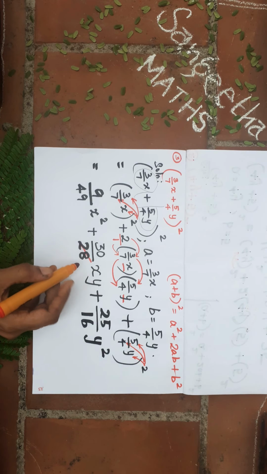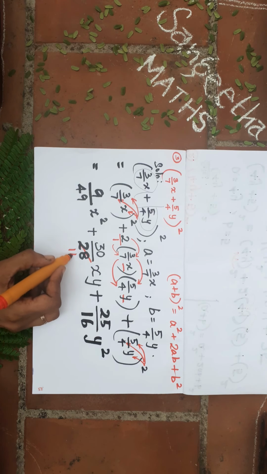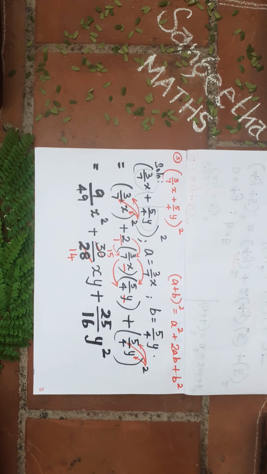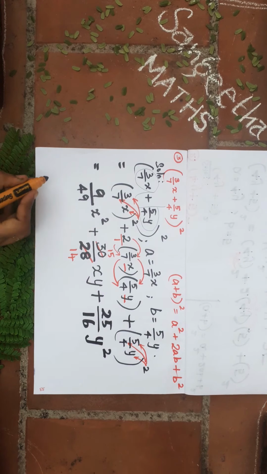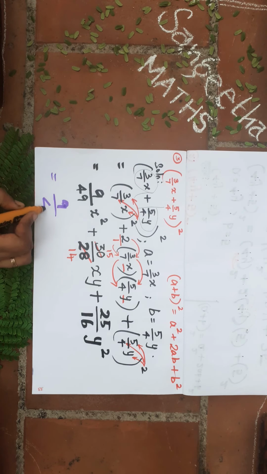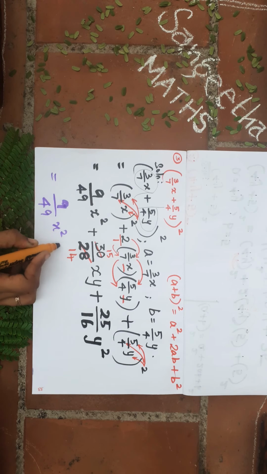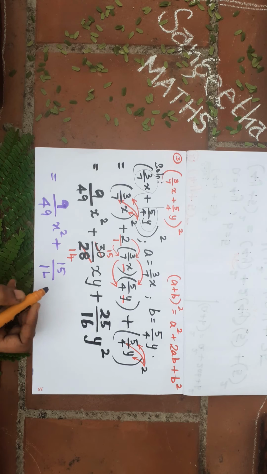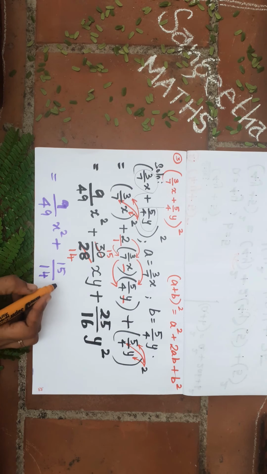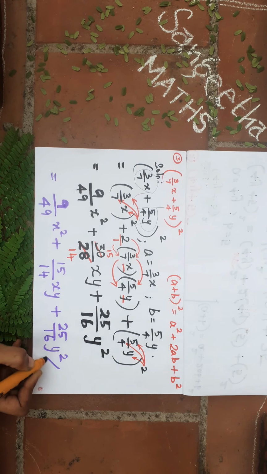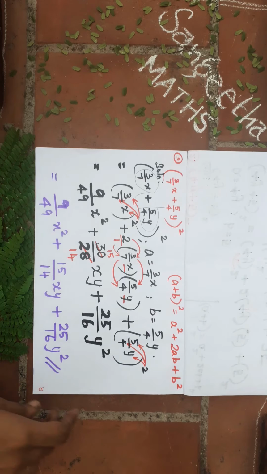So 2 14s are 28, 2 15s are 30. So finally you can write the answer to be 9 by 49 x square plus 15 by 14 xy plus 25 by 16 y square. Yes, clear?